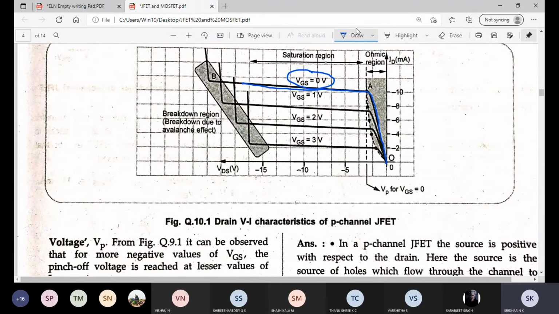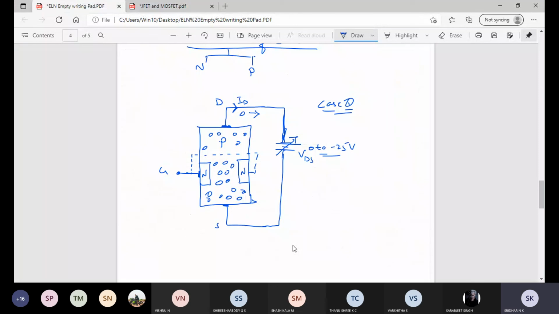Next, what is case 2? Case 2 is I need to reverse bias this gate and source. What type of biasing do I have to give here in order to reverse bias?